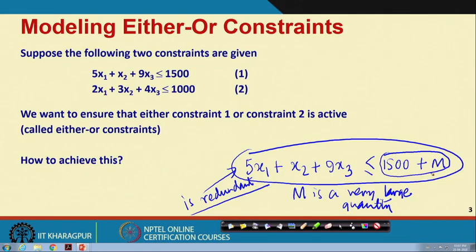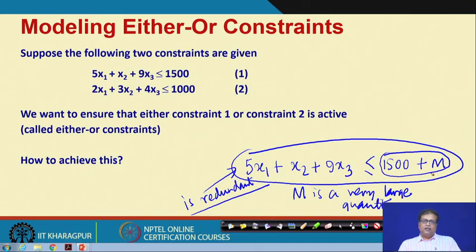In fact, if we add M in the first constraint, then we do not add M in the second constraint. Or if we add M in the second constraint, then we do not add M in the first constraint. How to achieve this?